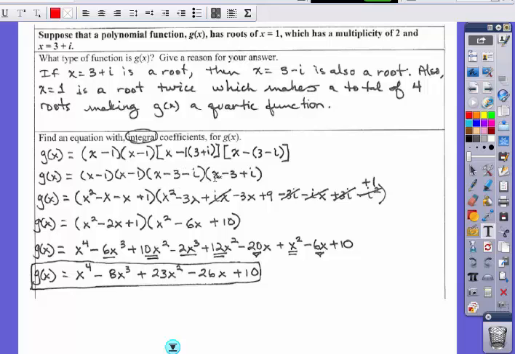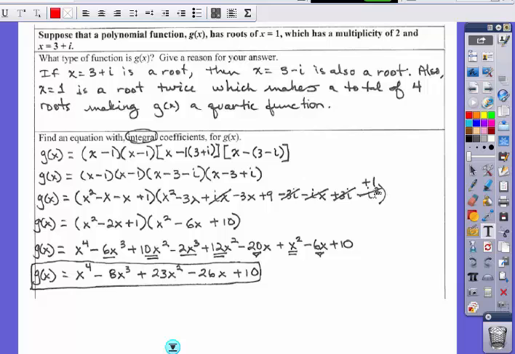So negative 3 times x, negative 3 times negative 3 gives me positive 9, and negative 3 times i gives me minus 3i. Then for these last couple terms, I'm taking negative i and multiplying it through. So I get negative ix, then negative i times negative 3 gives me positive 3i, and negative i times positive i gives me negative i squared here.